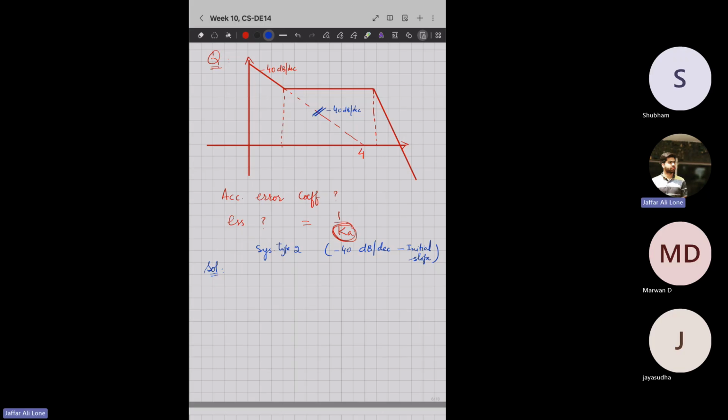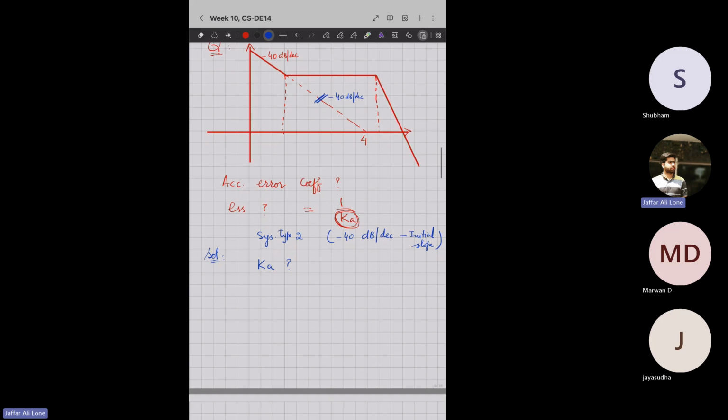That is also confirmed from the initial slope, which is minus 40 dB per decade. That means there are two poles at the origin. But that was not required in this question because I already told you that. Now, the question is how you will find this Ka, the acceleration error coefficient, which is actually K here.